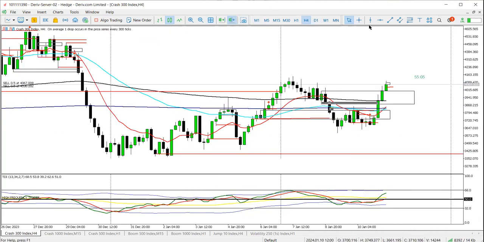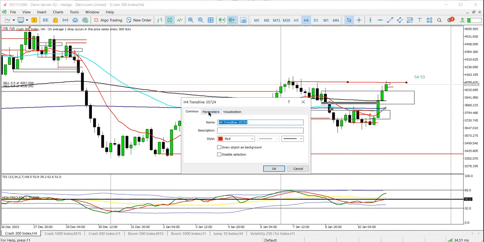So going to H4, you can see price has just tapped this level here. 40.95. That's the level.